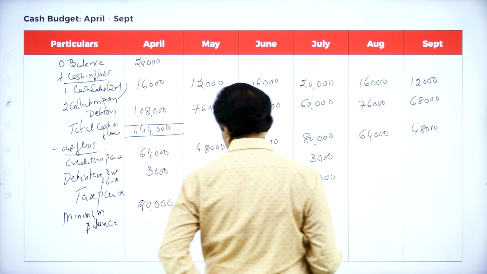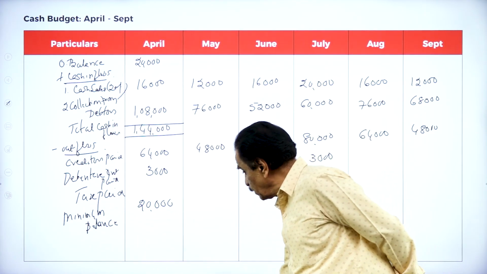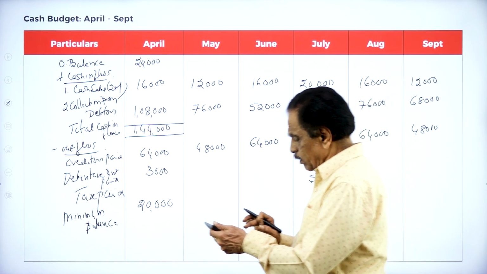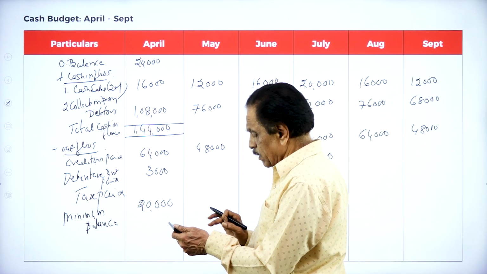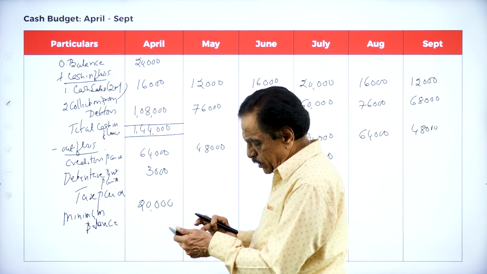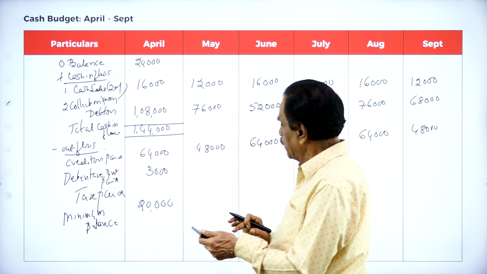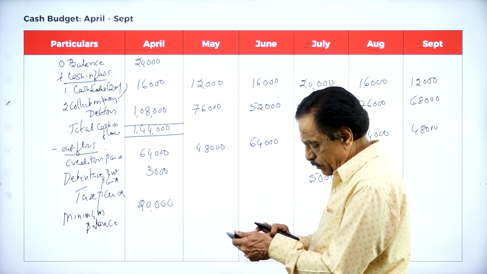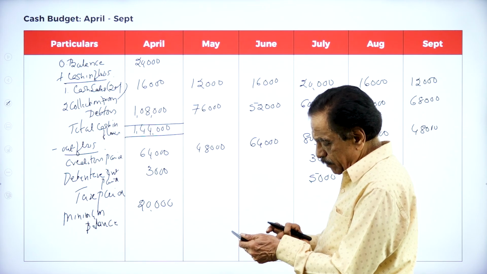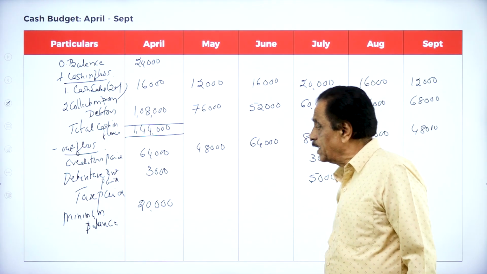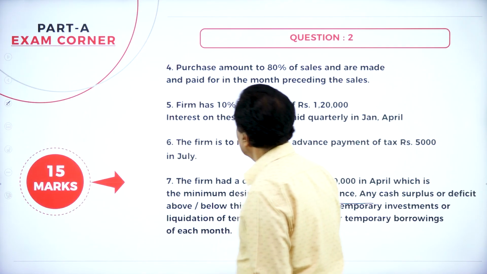So your inflow is 1,44,000. 1,44,000 minus 64,000, minus 3,000, minus 20,000. 57,000 is excess. Regarding other things, they are over.